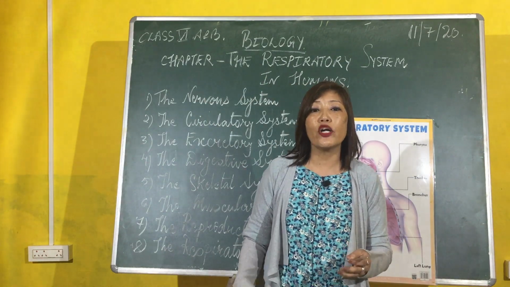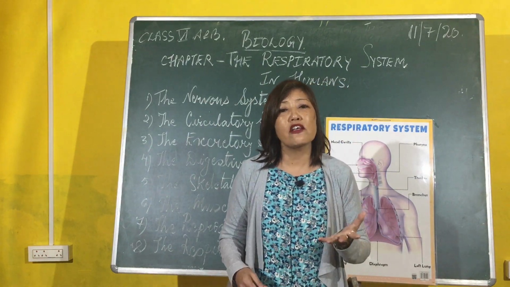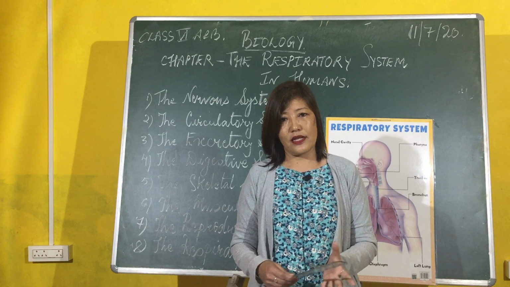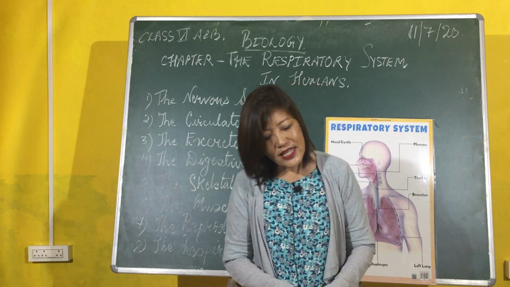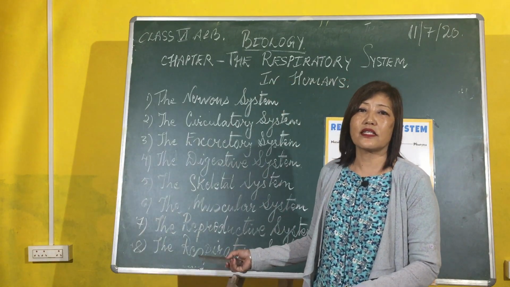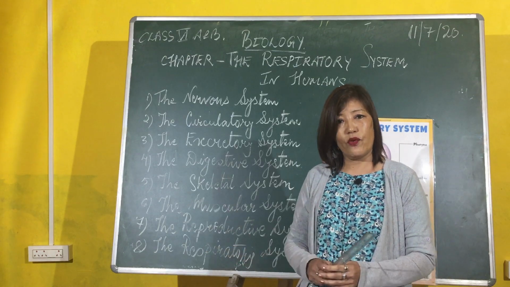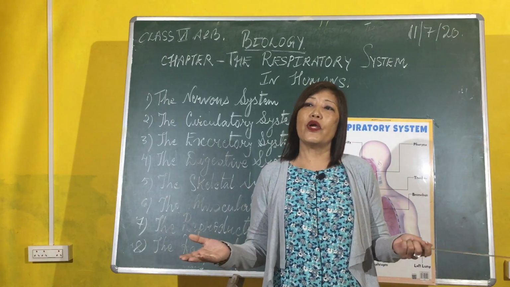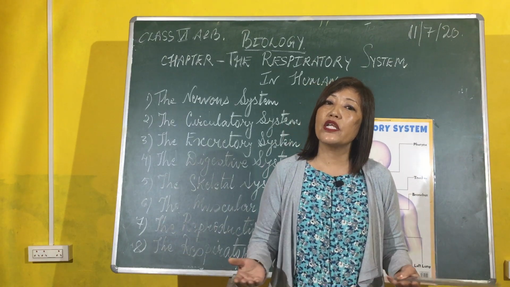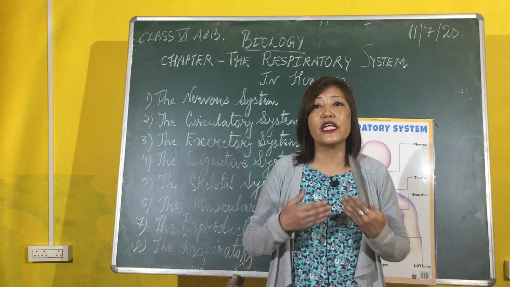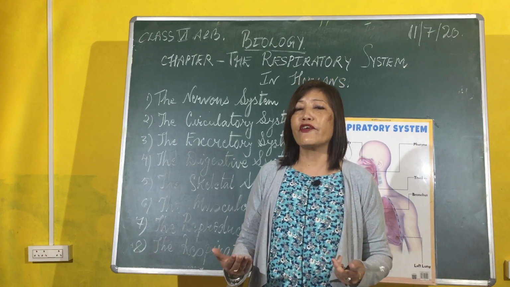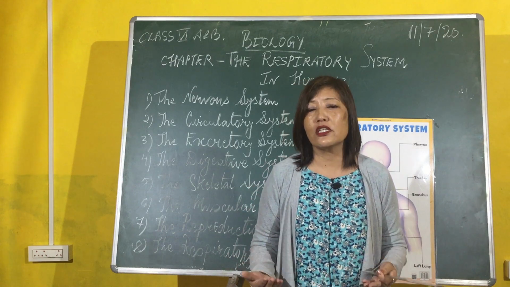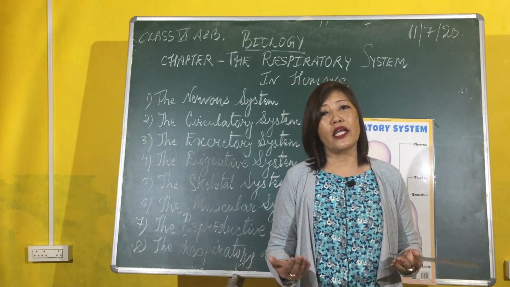That is why our body performs various functions at a time. Now, let us see the respiratory system in humans. Okay. Now, you know we are living organisms. What we need is energy, right? We need energy to do various functions like physical activities and metabolic activities.